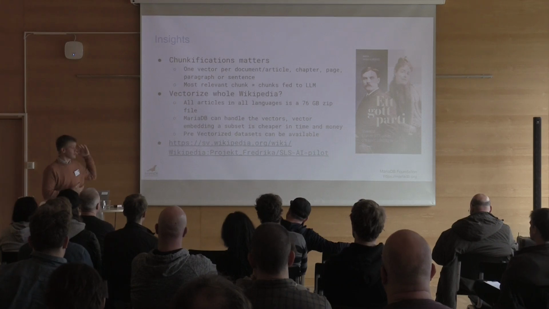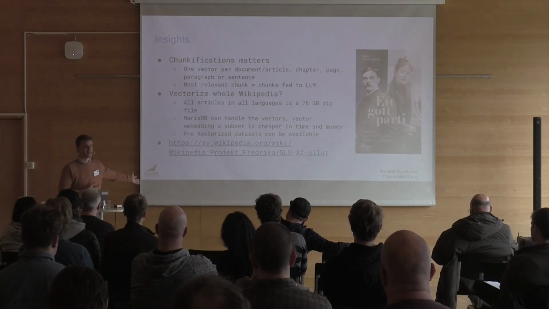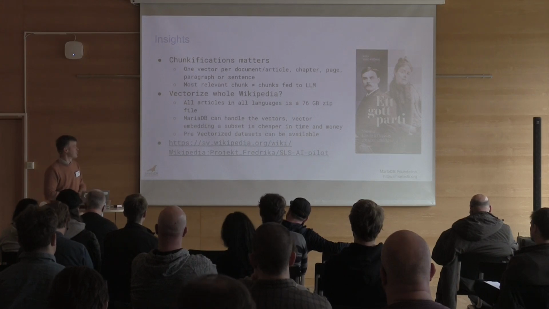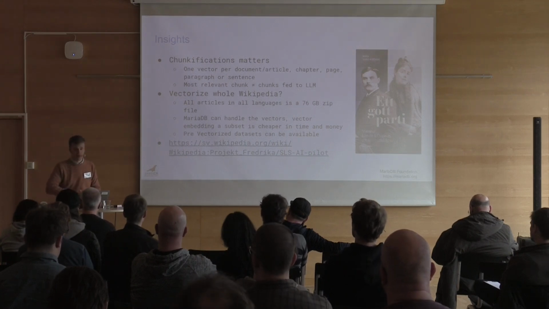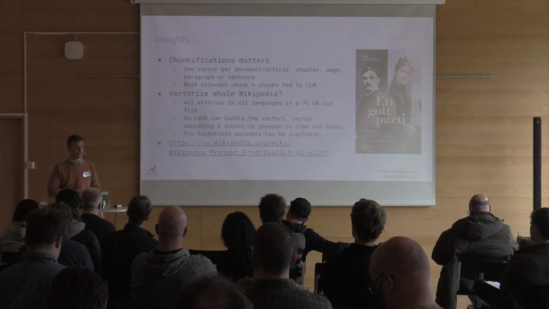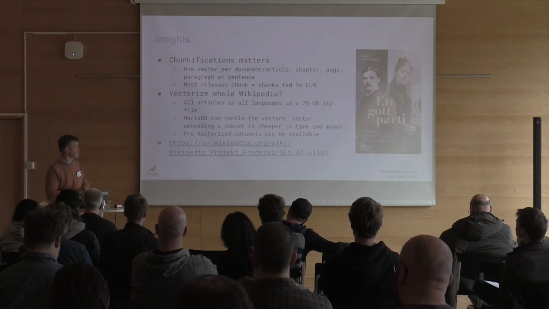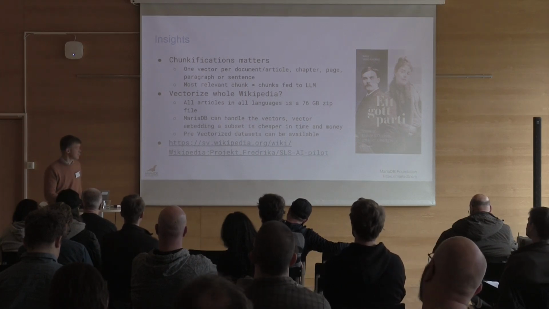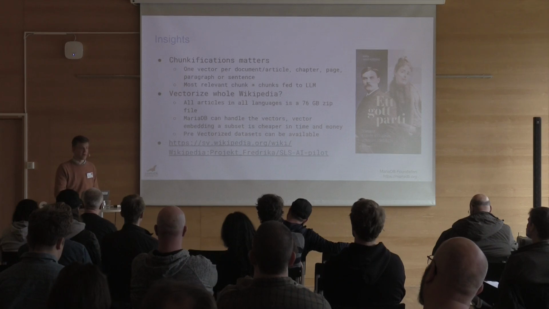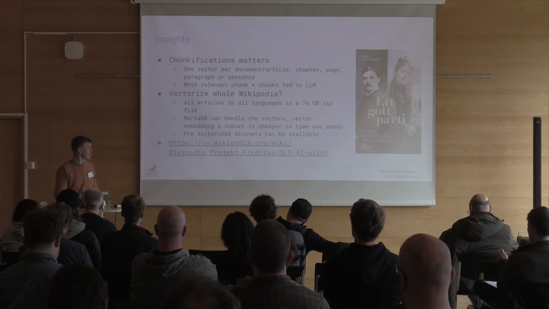I mean, it's not a problem for MariaDB, the database. It has been tested on very large vector amounts, but for your own time and money to generate those vectors, a subset is good. And I've also found some pre-vectorized datasets in case that's interesting for you. Do have a look for that.